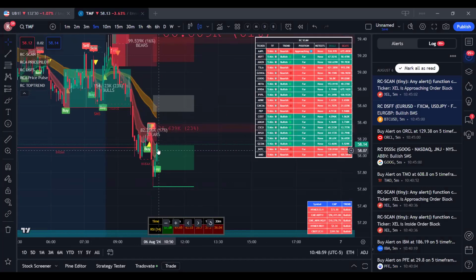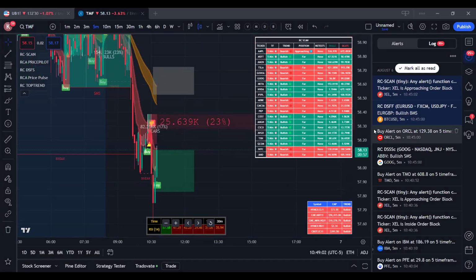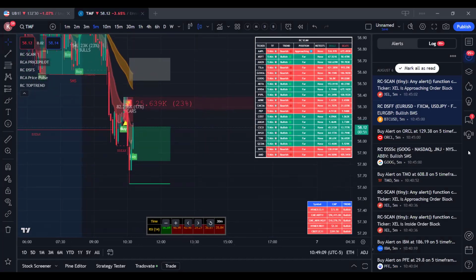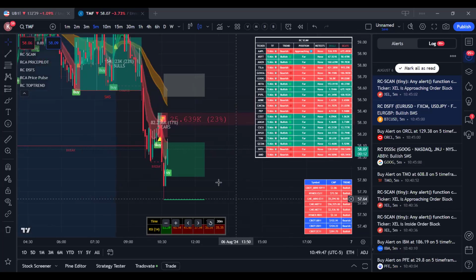Yeah, because there is a sell order. For it to break this one.